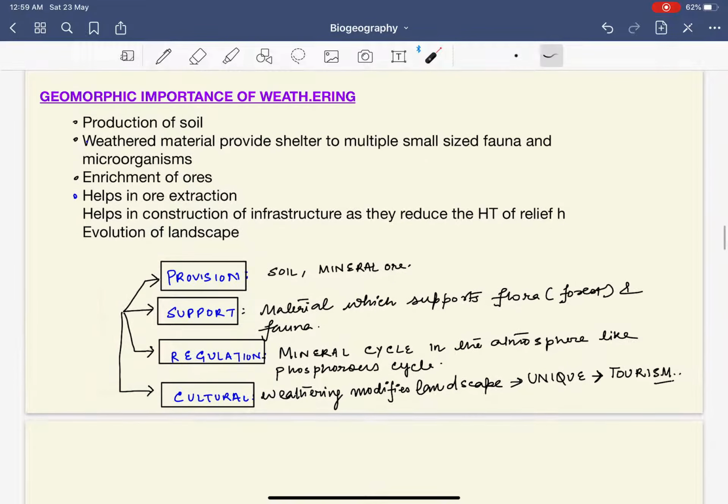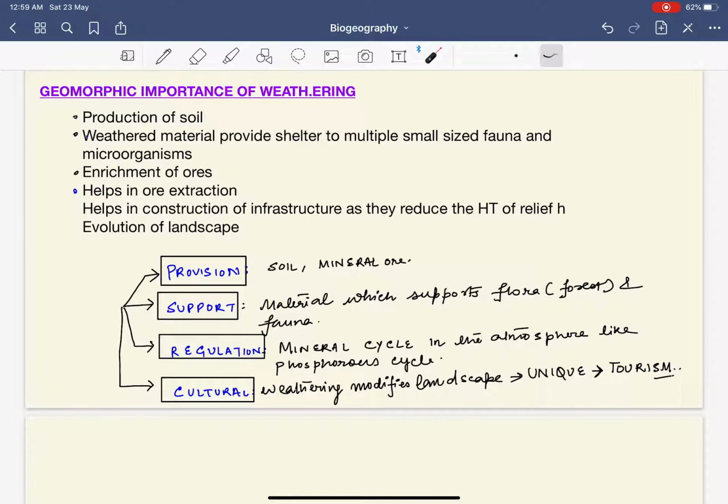Now, this is how we write in general, but as a geographer, we should look into what is actually being provided by weathering: provision, how it supports us, how it regulates, and what cultural service it provides. With provision, it provides us with the soil, hence supports agriculture.